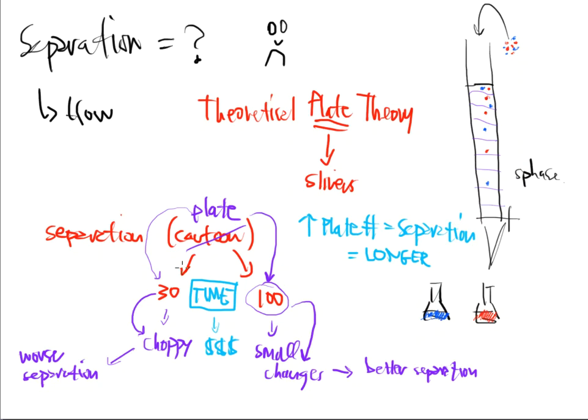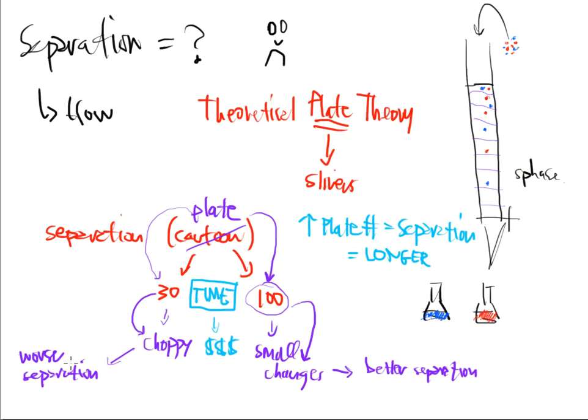The cartoonist with only 30 pages is more limited, and their cartoon would be very choppy because they can't really give me a very fluid motion. They're restricted. The same thing happens with a column. If I have a column with a low plate number, the low plate number means fewer individual steps are taking place. That means a choppy separation is going to begin to happen, and that means in the end, my chromatogram looks a little worse.